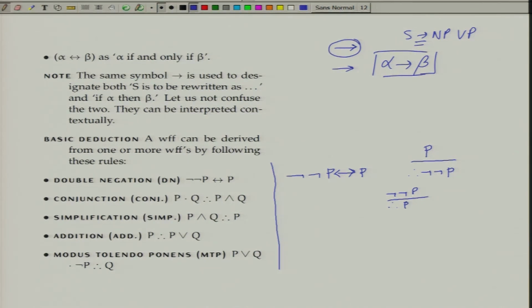Note that not every rule is an equivalence rule. Equivalence rules are very handy things because they can be used anywhere, but one-way rules are slightly trickier. We'll see that. Technically this rule is called double negation. We'll just write DN, that will do.